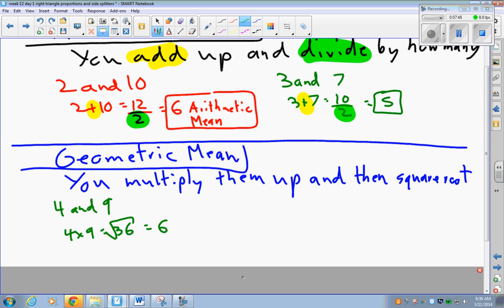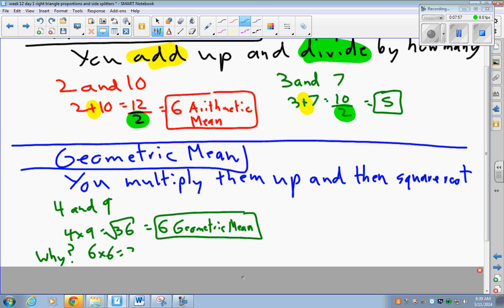Square root it is 6. That is my geometric mean. Why is that my geometric mean? Because 6 times 6 is the same as the 36 that you just had. Okay, so 4 and 9, the geometric mean of that is 6, because 4 times 9 is 36, and 6 times 6 is 36.